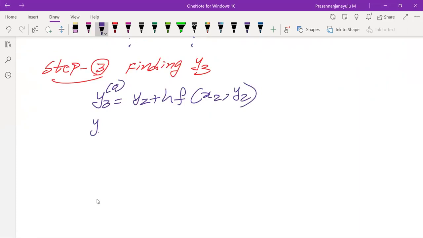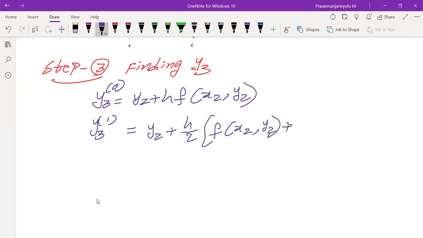Now we need to find the first approximation of y3. First approximation of y3 is y2 plus h by 2 into f of x2 comma y2 plus f of x3 comma the 0th approximation of y3. The latest approximation of y3 is the 0th approximation of y3.